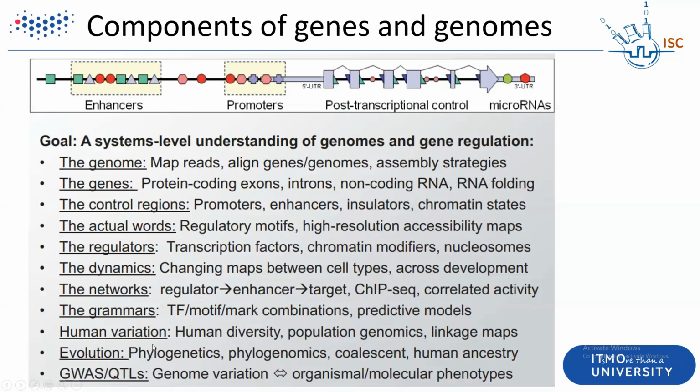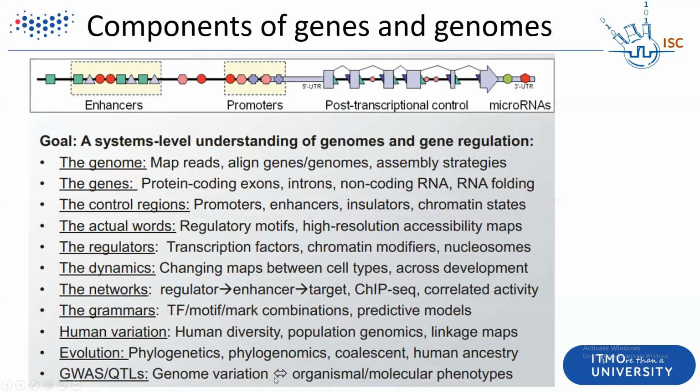And also human variations. You have also human diversity, populational genomics, etc. Then we can also go further to the evolution, where we can analyze phylogenetics, phylogenomics, human ancestry, coalescence, etc. And some genome variation, like whole genome screening technique.